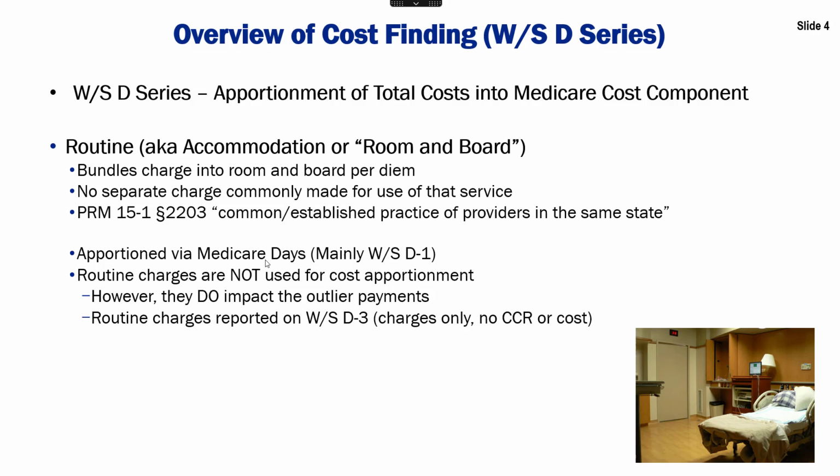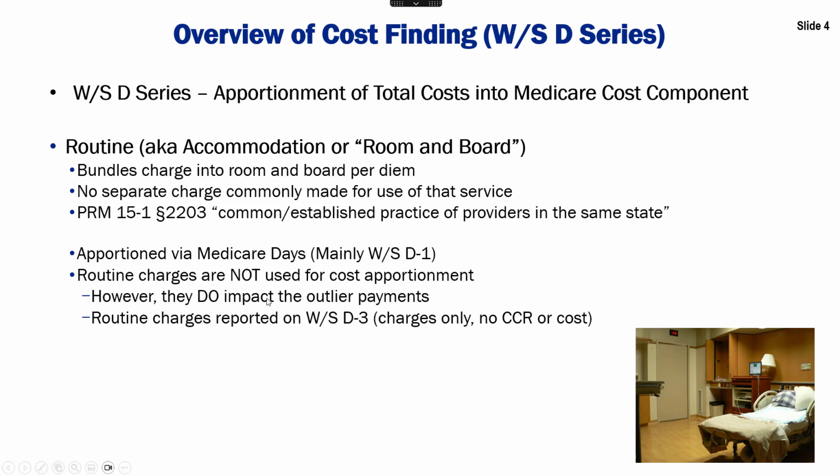They all have their own cost center, but you take the costs for that cost center, total costs, divide them by the total days to get a cost per diem, a cost per day. And that's multiplied by the Medicare days for that same cost center, same department, and you now have an approximation of the Medicare cost related to those patients.